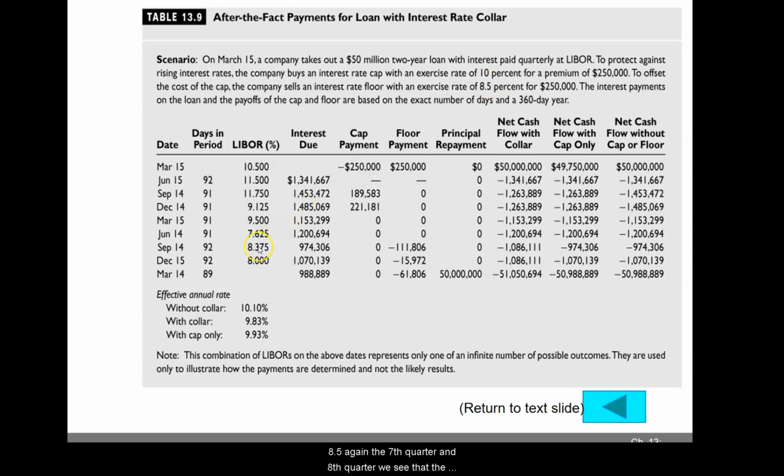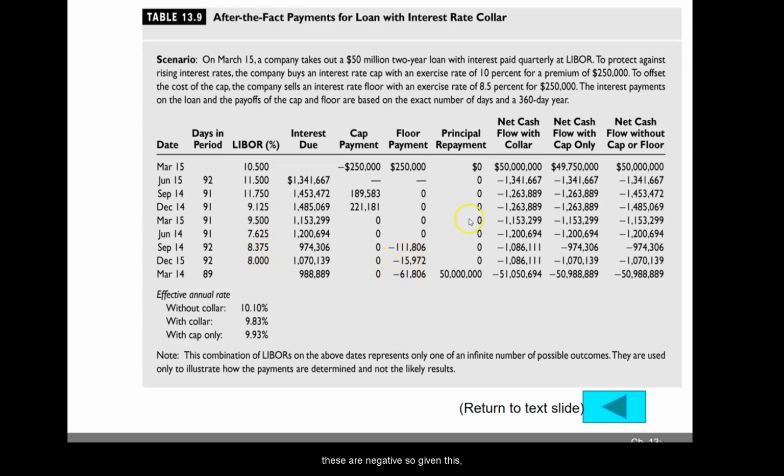Again, in the seventh quarter and the eighth quarter, we see that the sixth floorlet and the seventh floorlet are in the money, as both are less than 8.5%. The payoffs are calculated and paid at the end of the respective quarters. Now, because we have a short position in the floorlet, these are negative.